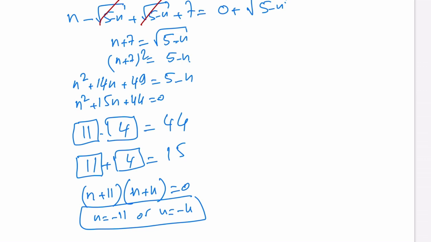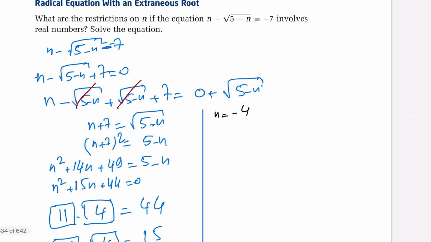So to do that, let us take n equal to minus 4. My equation will be minus 4 minus square root of 5 minus 4 is equal to what?